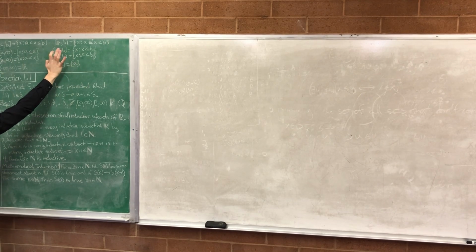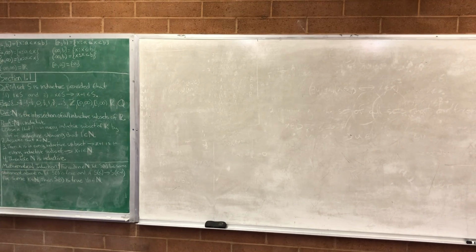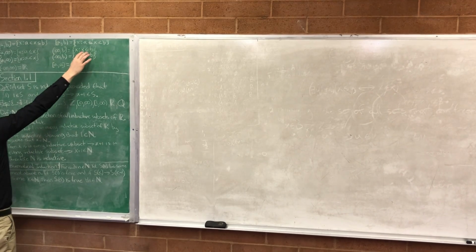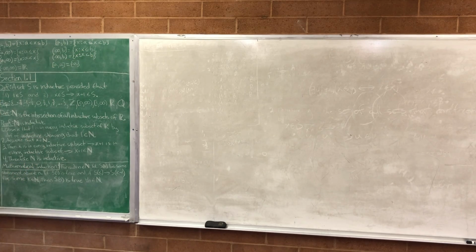Similarly, when I say negative infinity, what do I mean by that? I mean we're going to the left without end. So this is a way of saying all the numbers less than or equal to B. This is all the numbers greater than A, not including A. This is all the numbers less than B, not including B. This is how we specify all the real numbers.